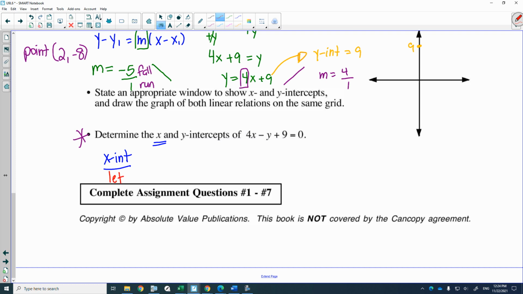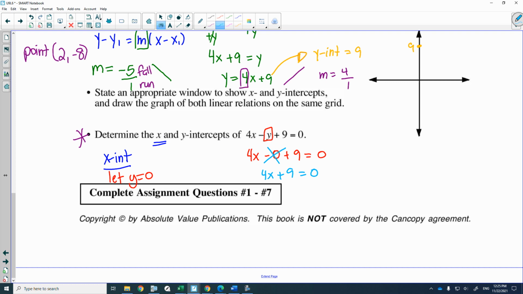Sorry, Justin? What's 0? Y. Let y equal 0. So in this equation, y comes out and 0 goes in. So what would it look like? 4x minus 0 plus 9 equals 0. You could just get rid of that, right? So you're left with 4x plus 9 is equal to 0.